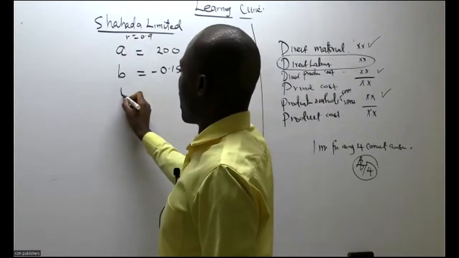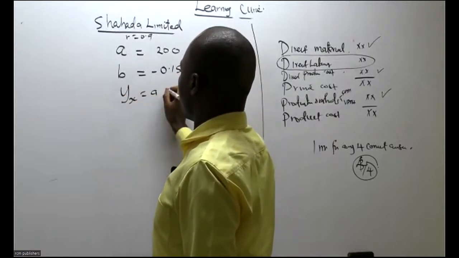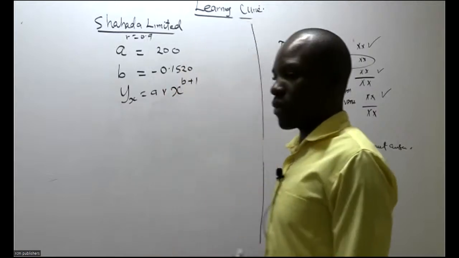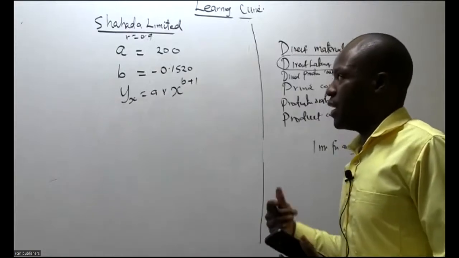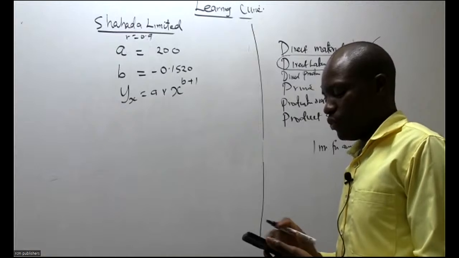And we know that Y_X is equal to A multiplied by X raised to power B plus 1. So that one we know very well. Let's now go to the question and identify what the examiner wants us to do.